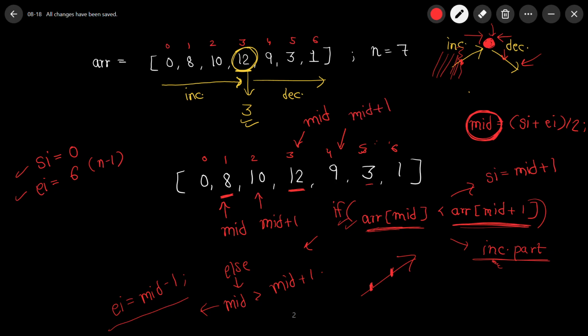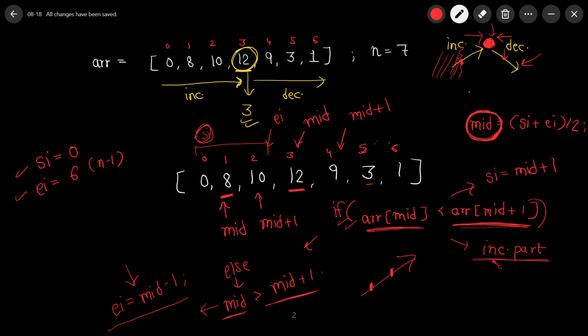Now in this case, here also mid is greater than mid plus 1. That means we are in the decreasing portion. So we would say that since we are in the decreasing portion, let's do ending index equal to mid minus 1. So if mid was there, we would point ending index to this, and our range becomes this, or wherever the starting index is.